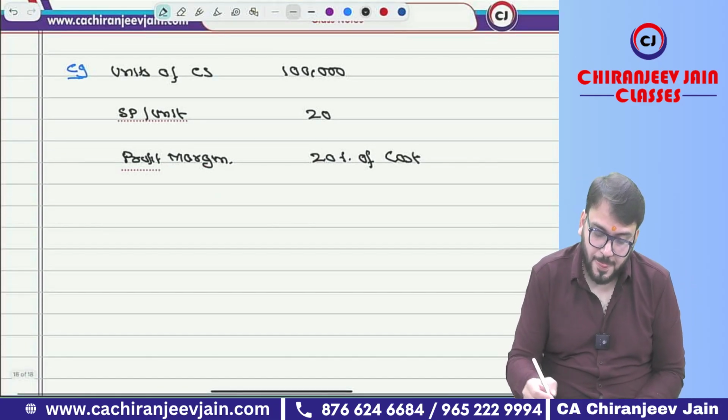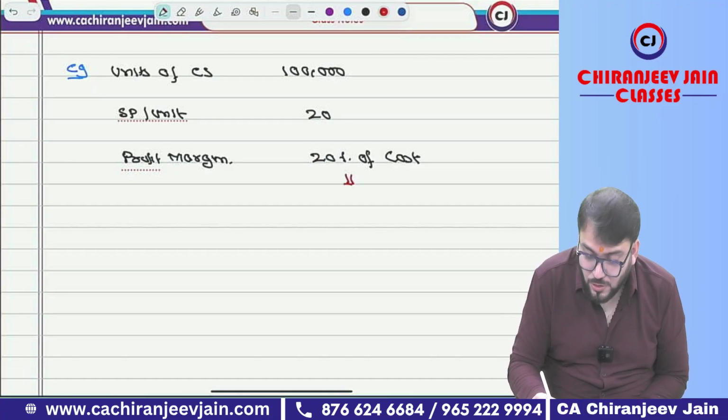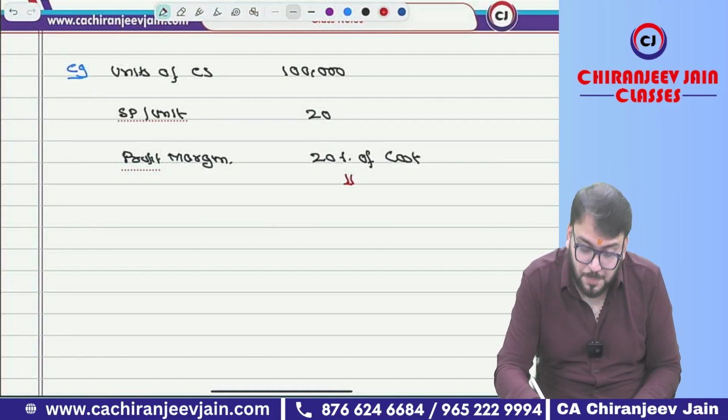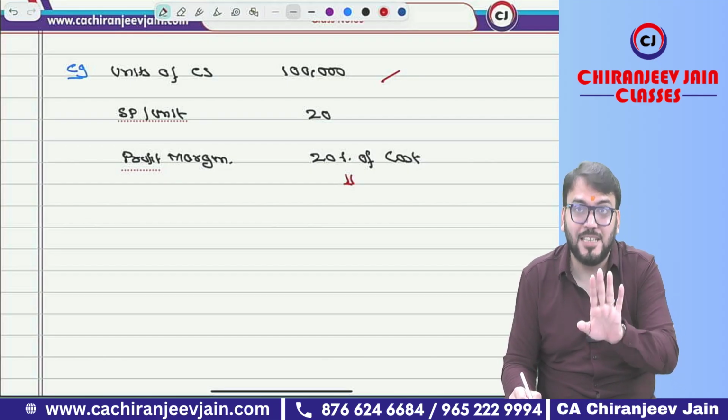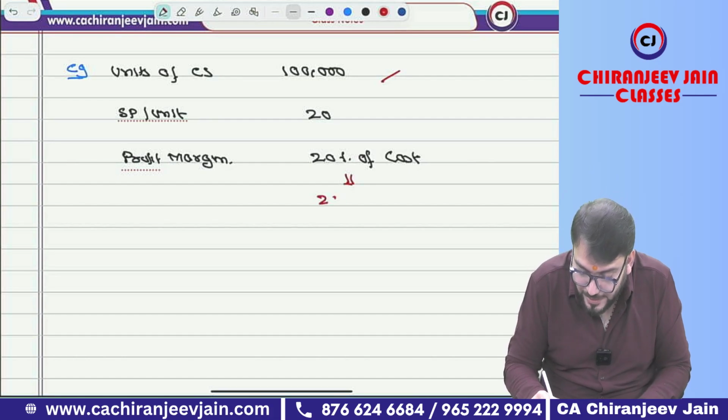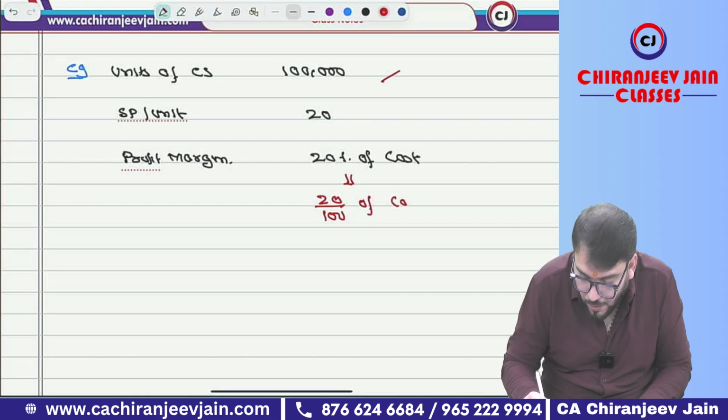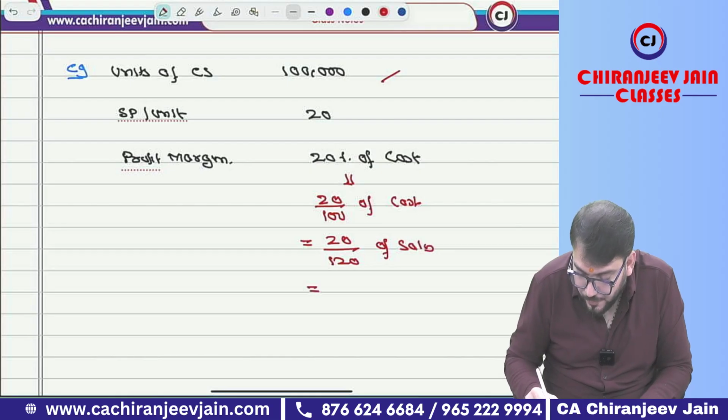20% of cost. Correct. Already we know 20% of cost you can't apply on sale price. It means you need to convert 20% of cost into what percent of sale. We can say 20 by 100 of cost, which is nothing but 20 by 120 of sales, which is nothing but 1 by 6 of sales.